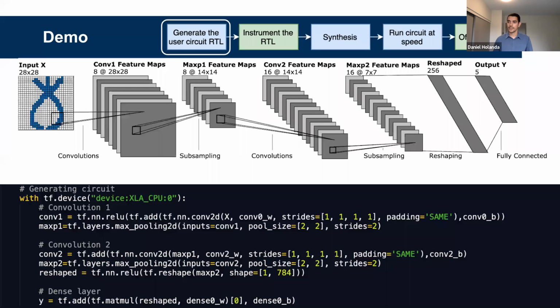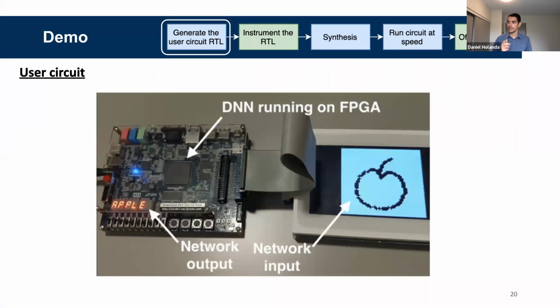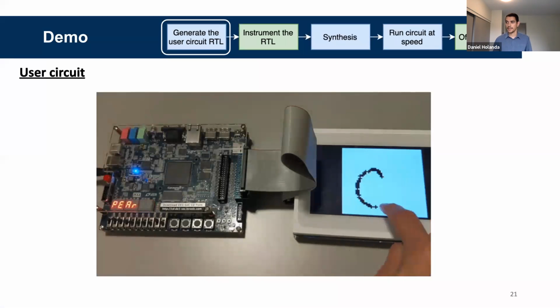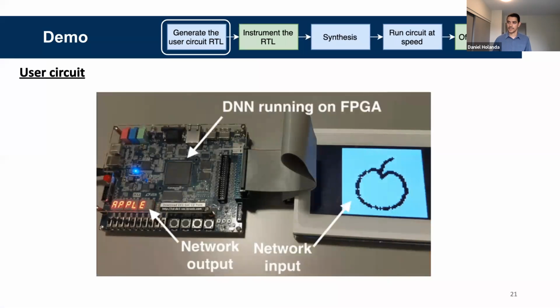So the idea here is that the user will be able to draw something on the test screen. As soon as this is drawn, the image is sent to the FPGA. The FPGA has the DNN running on it, and the output goes to the 7-segment display. So if I go ahead and draw an apple, you'll see apple showing up in the 7-segment display.